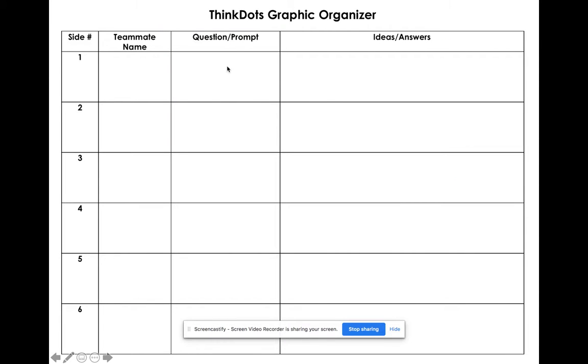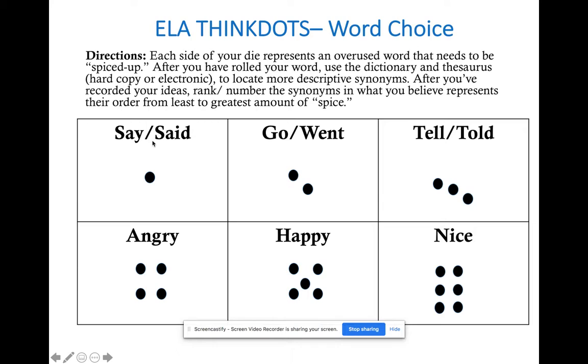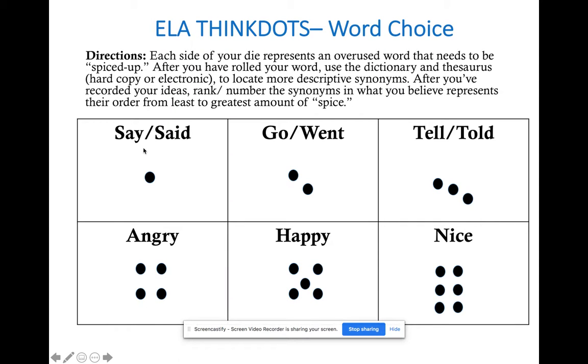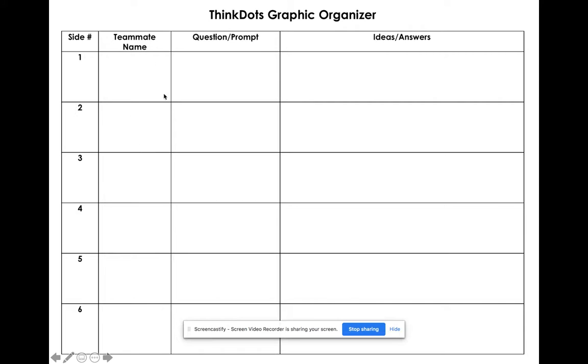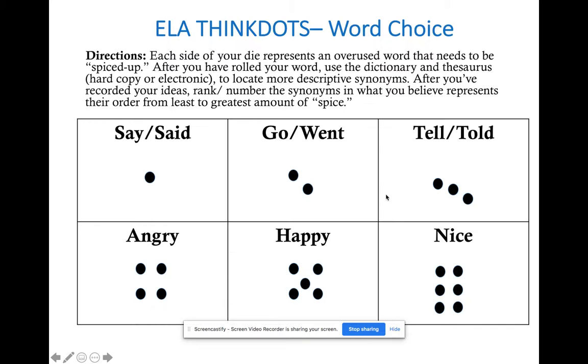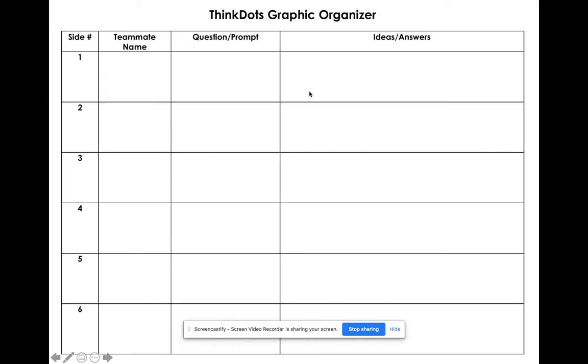If they got question 1, then their prompt would be say, said, etc. And then I have them jigsaw, and everybody who rolled say, said would work together. Everybody who rolled go, went would work together, tell, told, etc. And in their teams, they would work to find better, spicier words and write them here.